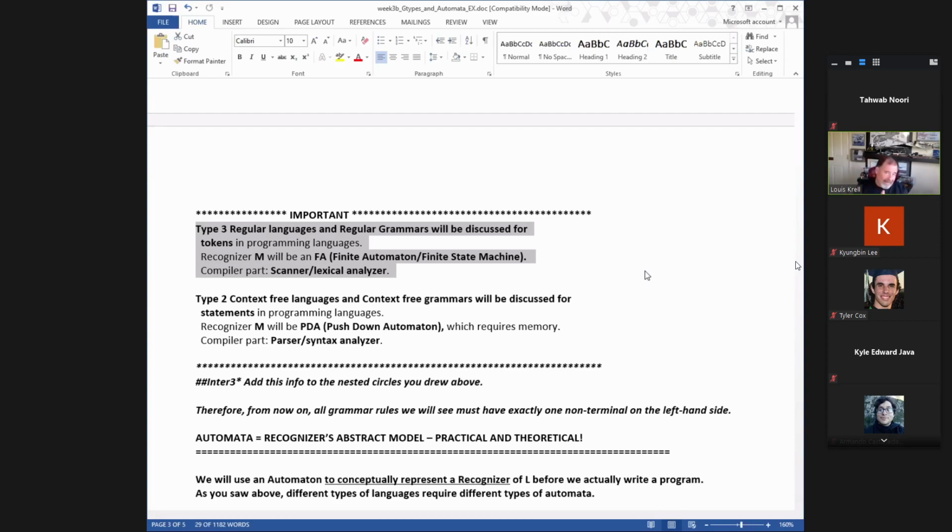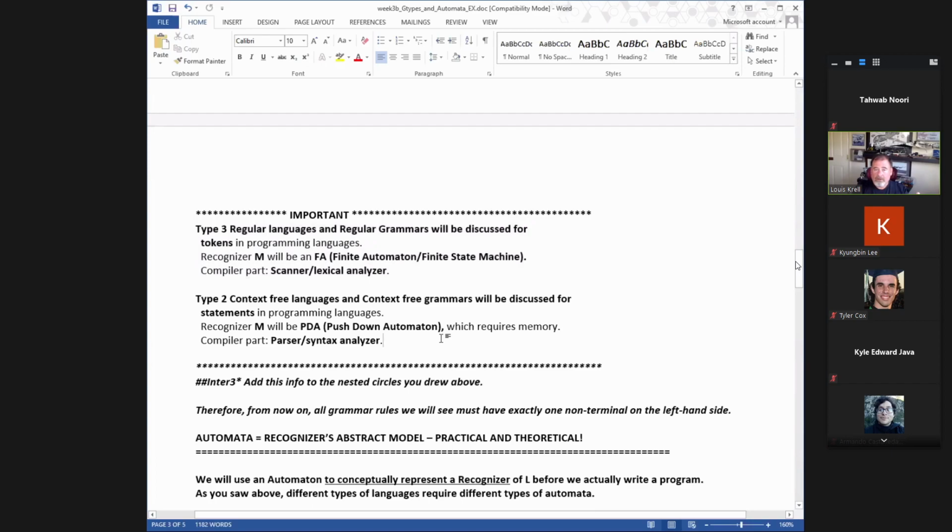The acronym finite state machine, FSM, finite automata, FA, has no memory. When we talk about a context-free language, we're going to use what's called a push-down automaton. A push-down automaton is different than a finite automaton because a push-down automaton allows you to have memory.